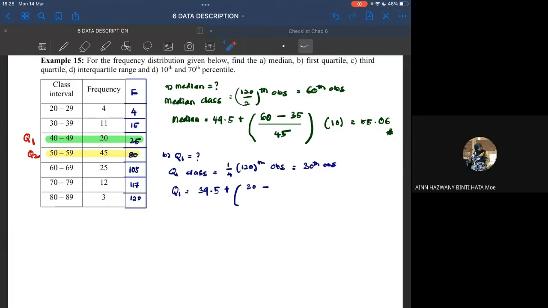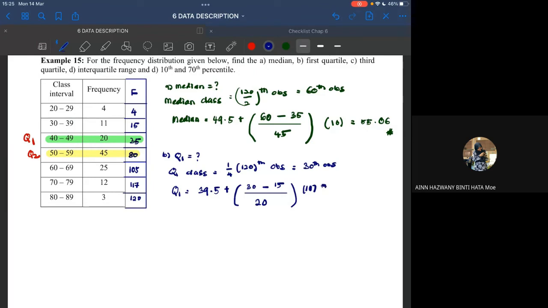Okay, cumulative frequency before 15 minus 15, divided by the frequency of the class, which is 20. Okay, divided by 20, times class size the same as before. We have 10. Okay, berapa jawapan dekat sini?